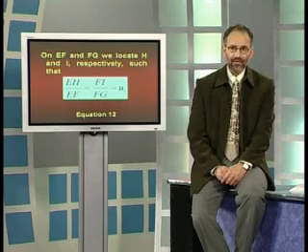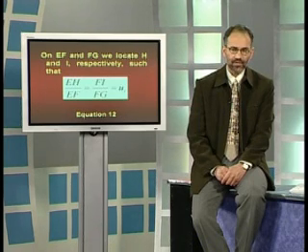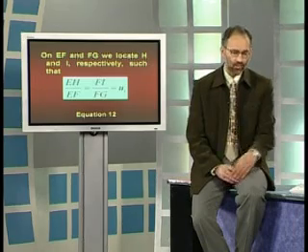On EF and FG, we locate H and I respectively such that EH over EF, the ratio, equals FI over FG, which equals u. So, u वही रहेगा जो इससे पिछले स्टेप में था. Let's mark it as equation number 12.